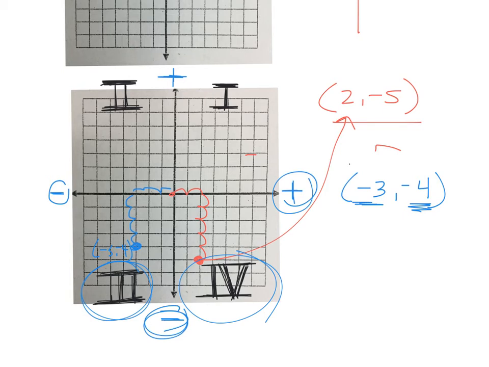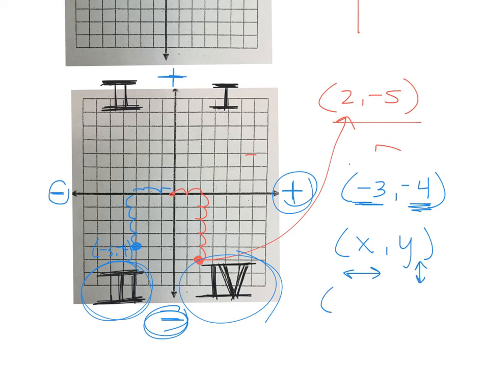Yes, ma'am. The X is the negative side and the Y is positive, right? X is negative and Y is positive, is that what you said? No, X is what you move. So if you have a point (X, Y), the X value is what moves left or right. If it's positive, it goes to the right. If it's negative, it goes to the left. The Y value is what moves up and down.